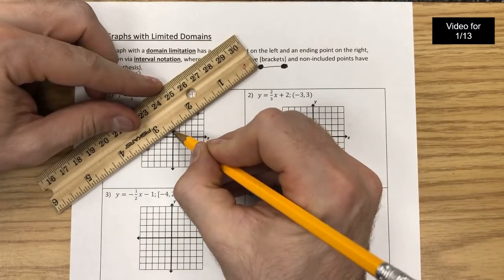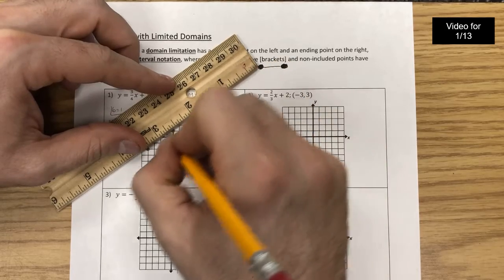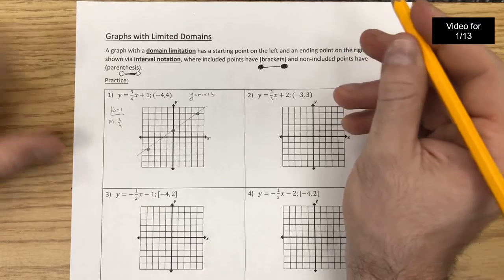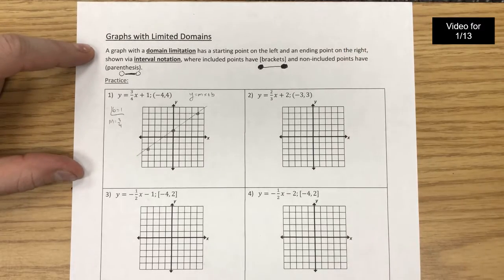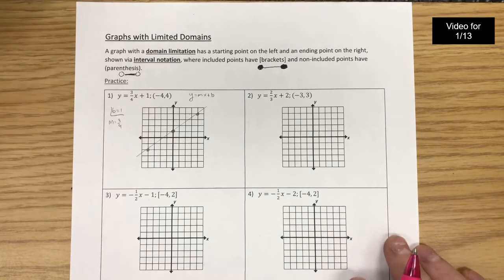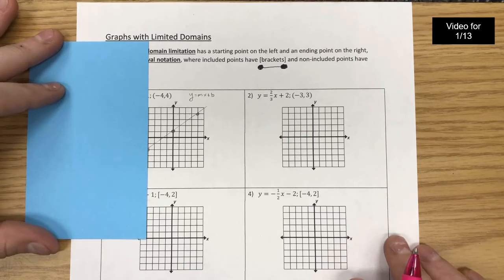Now remember, we're graphing this very lightly because most of this is about to get erased in just a second. So I have that. And so let's take a look. I have boundary number 1 at negative 4, which means I'm going to be drawing a boundary at negative 4.